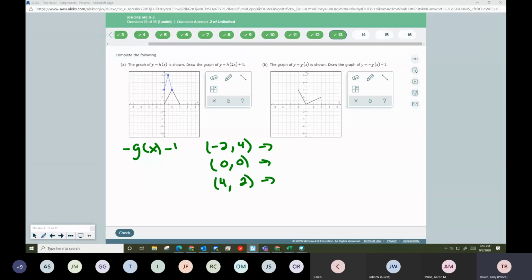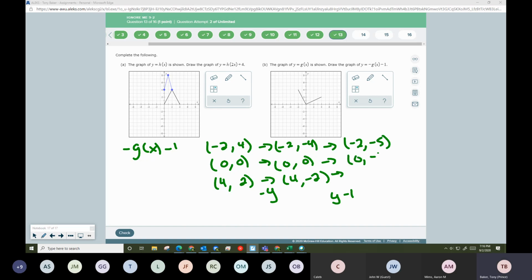So multiplication comes first. So I'm going to do the negative y first. So my first point is -2, -4, 0, 0, and then 4, -2. And then I'm going to do the y minus 1. So I got -2, -5, 0, -1, and 4, -3.